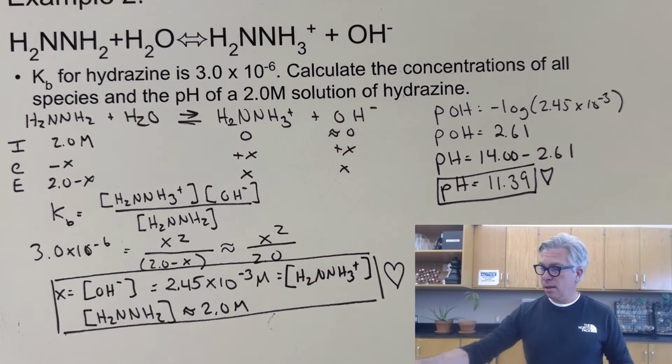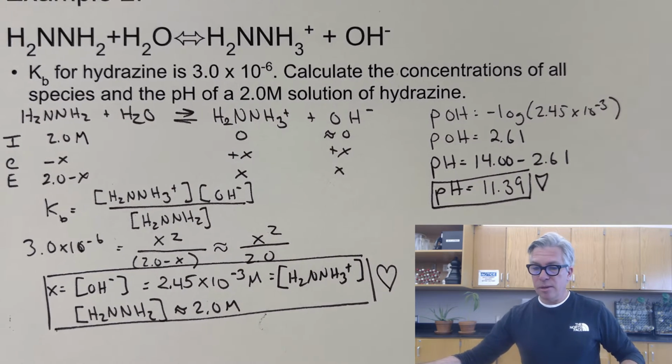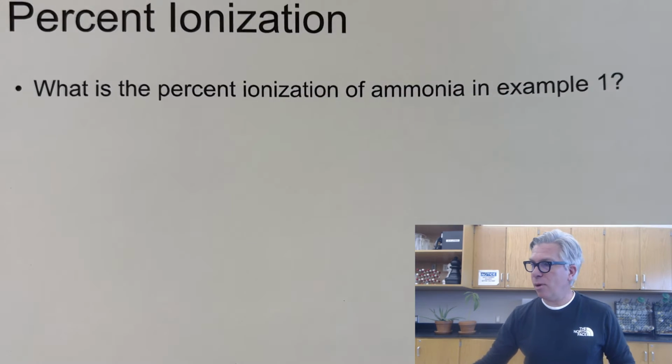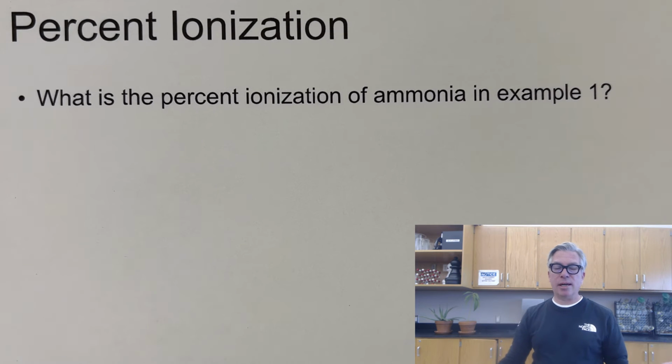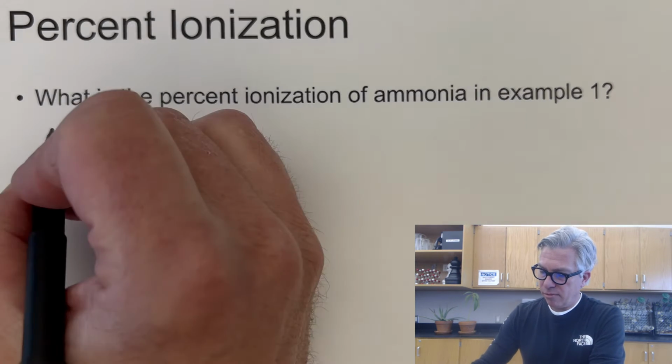So if you got that, then great, good job. We are well on our way. Now, in a previous video on weak acid equilibrium, we talked about percent ionization, which is a way of representing what percent have actually done the reaction. Let me write the formula again.